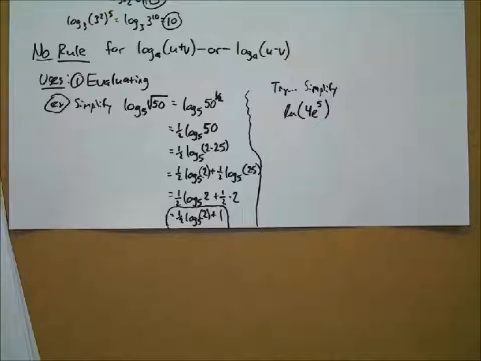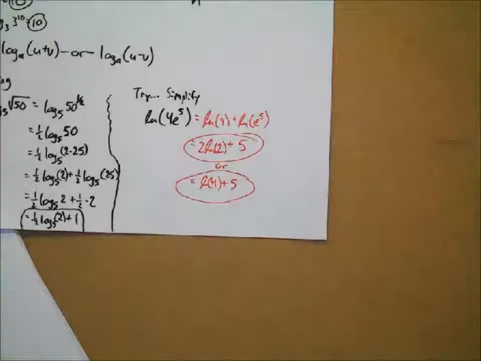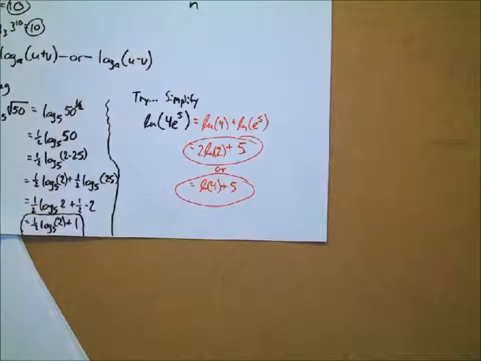Alright. Yes. I think I got it. That power is 1, because that's log base e of e, which is 1. So it's just 5 times 1. 5. Okay, there's our answer. Either one of those two, I would say it's debatable whether 2 natural log 2 or natural log 4 is simpler than the other.